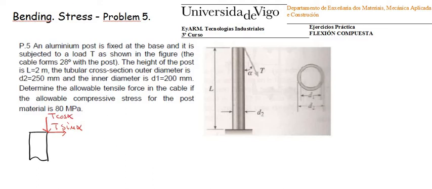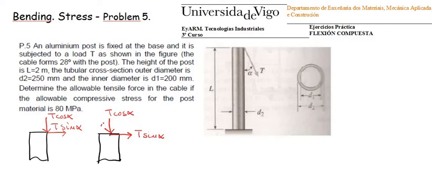Then the next step is to move this vertical force to the center of the cross section. This is more or less the center of the cross section, so we can keep this horizontal force in the same line of action, T sine alpha, and this vertical force here at the centroid, T cosine alpha.